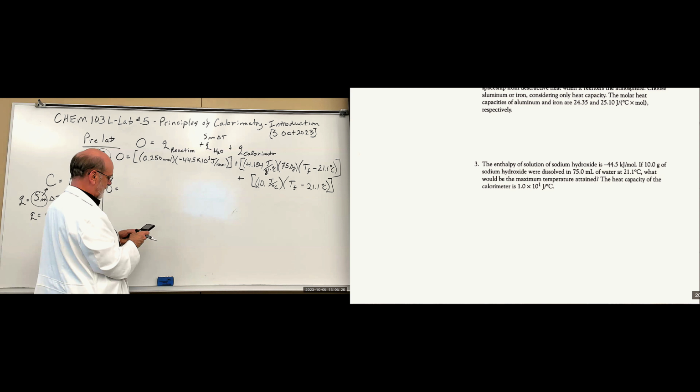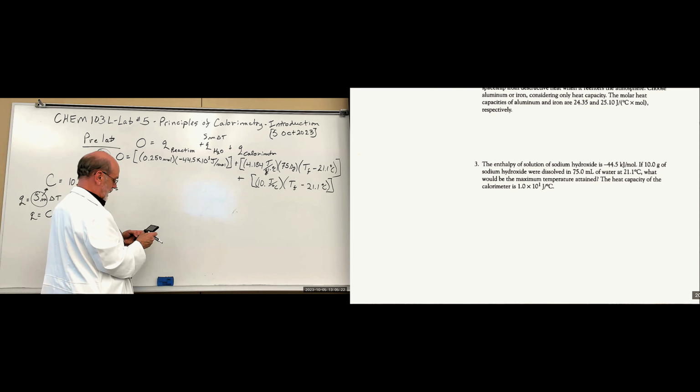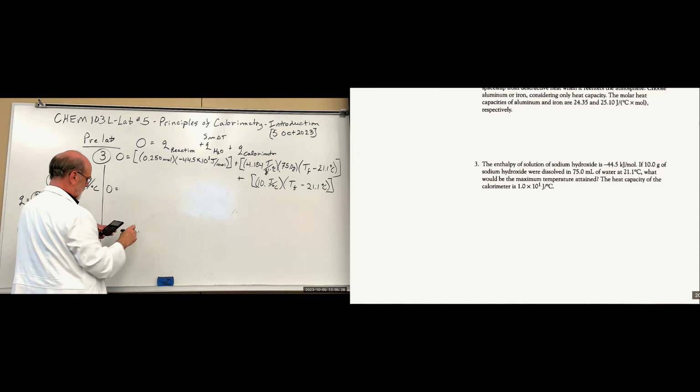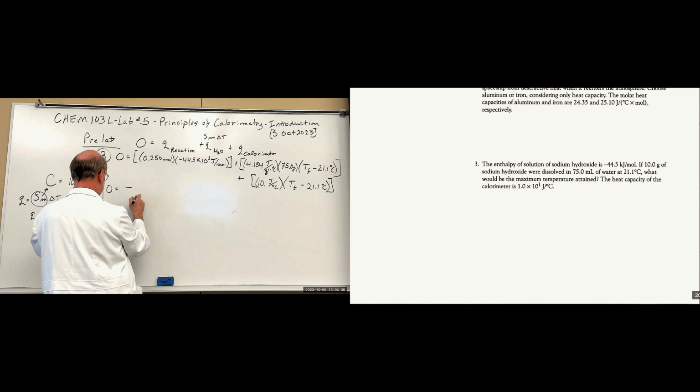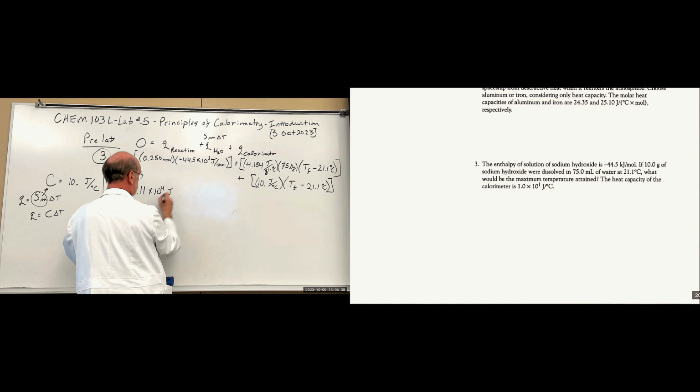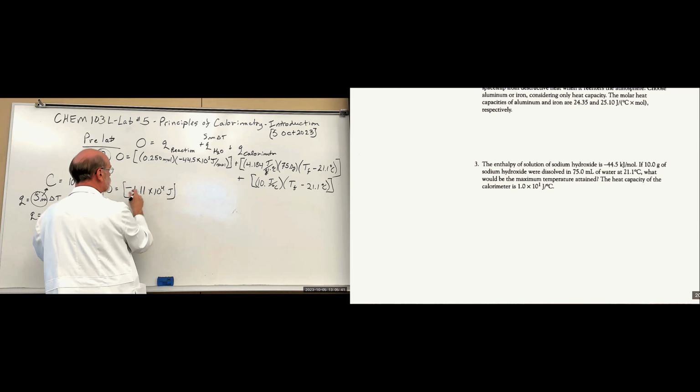Times this one times that one, and I get minus 1.11 times 10 to the 4th. And moles cancel, leaving us with joules. So there's the Q reaction term.